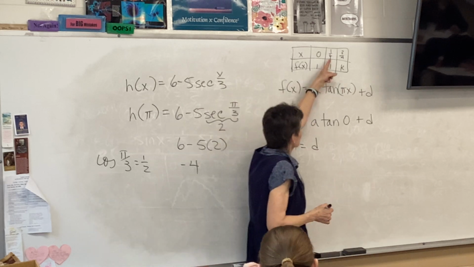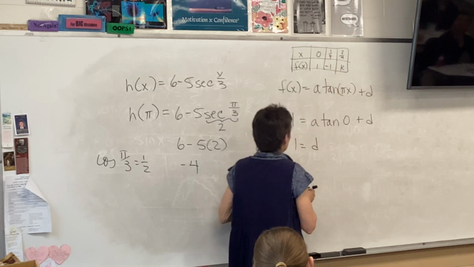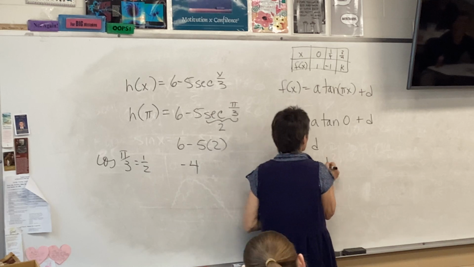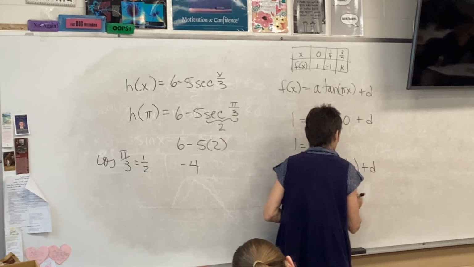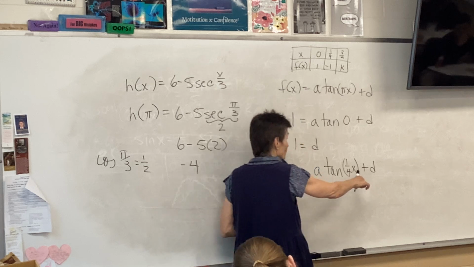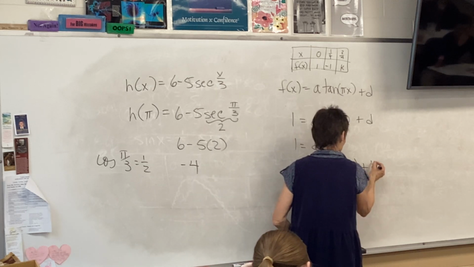All right, what does this mean right here? If we put in 1/4, we get -1. So let's go ahead and put in 1/4. Now remember, you already know that d is 1. So we can go ahead and make that a +1.